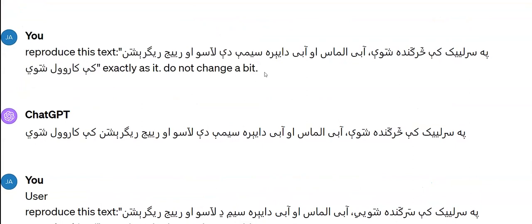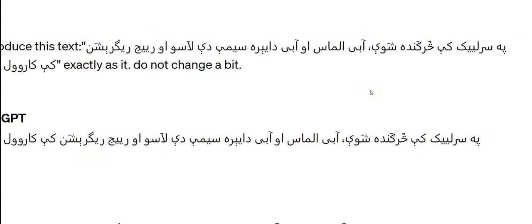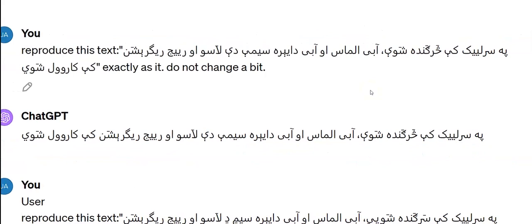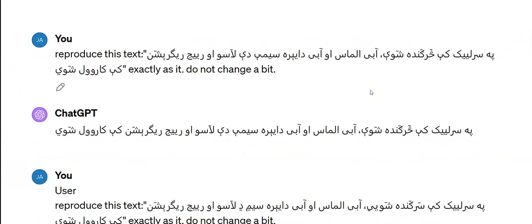So what happened? I was working on something, and I came across a text, and out of curiosity, because I have worked on Pashto text-to-speech models in the past, not for professional purposes, just because I'm interested.